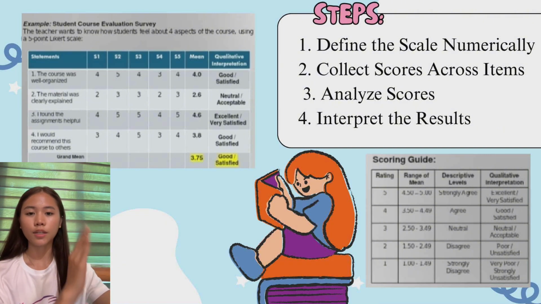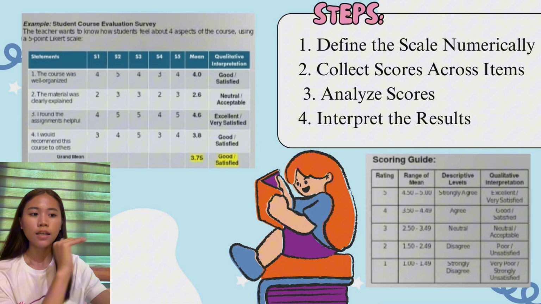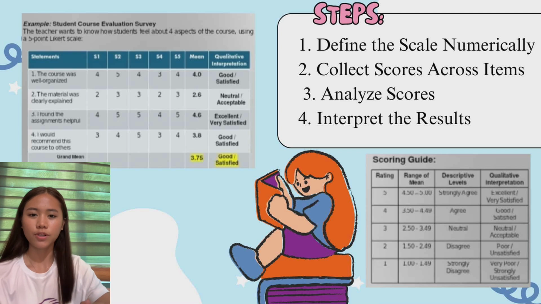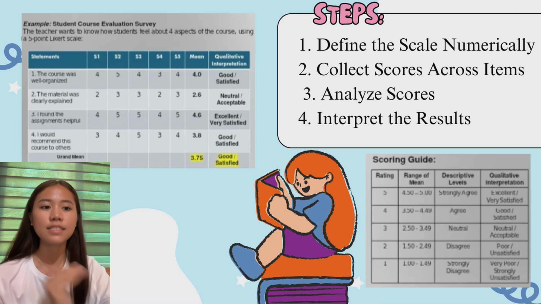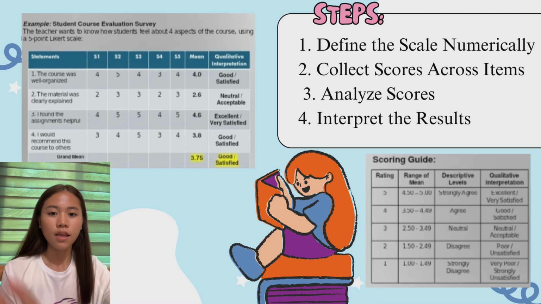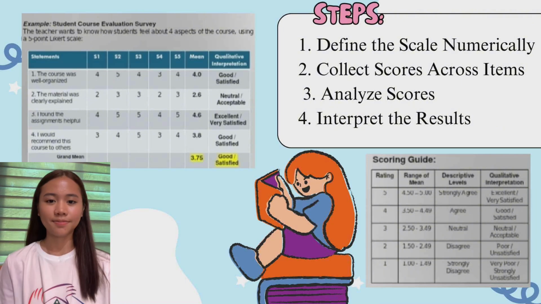And then in qualitative interpretation, it will be excellent or very satisfied, good or satisfied, neutral or acceptable, poor or unsatisfied, and lastly very poor or strongly unsatisfied. So this is how a scoring rubric works in scales.